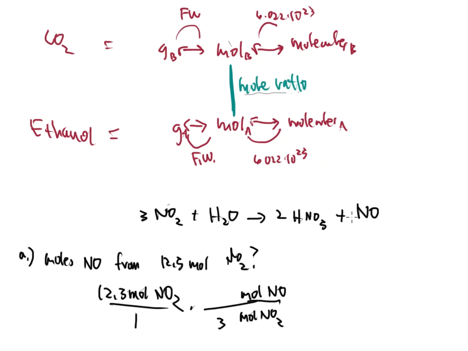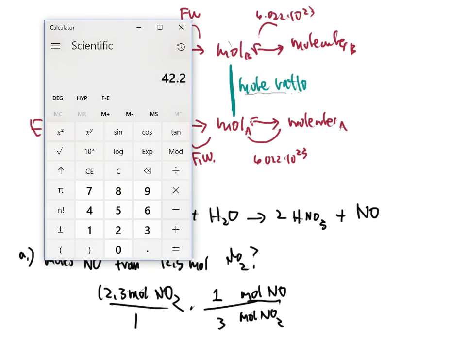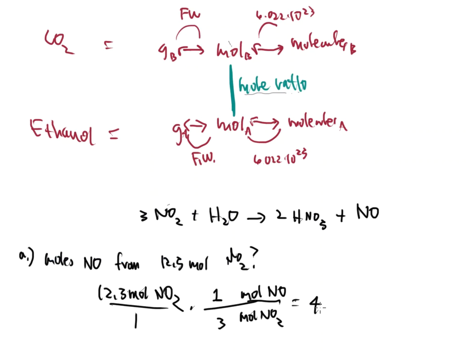There's not a number in front, but that number is understood to be a 1 if it's not present. And that's all. So 12.3 times 1 divided by 3 equals 4.1. So 4.1 moles of NO is what I would get if that's how much NO2 I started with, right?